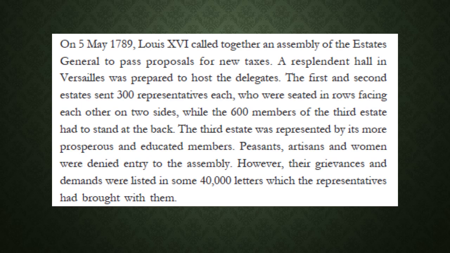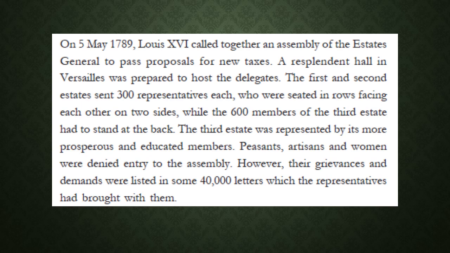Even though the third estate sent representatives who were very prosperous and educated, peasants, that is farmers, then artisans, that is people engaged in craft works, and women were denied entry to the assembly.